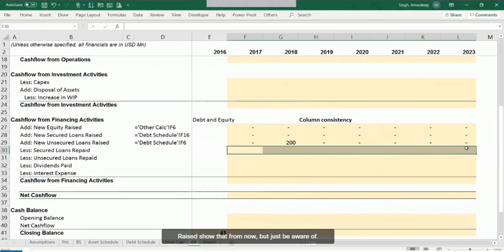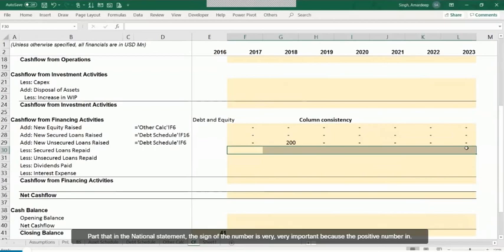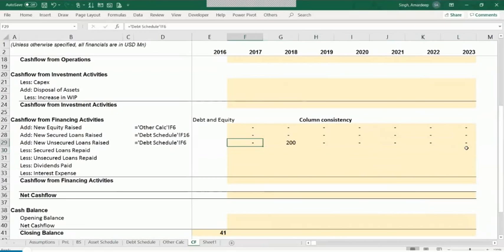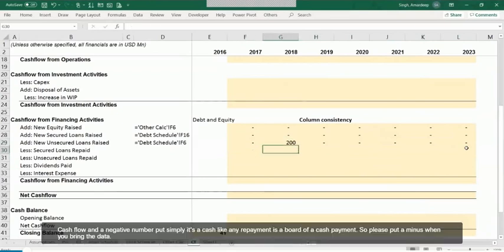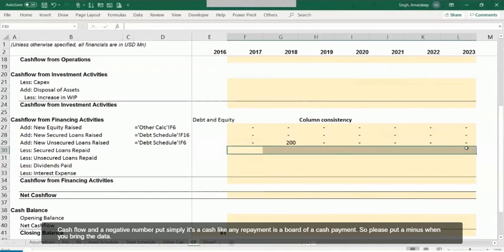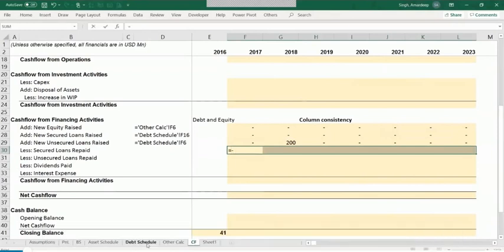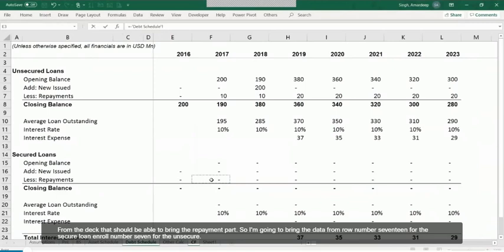But be aware of an additional part: in the cash flow statement, the sign of the number is very, very important, because a positive number indicates a cash inflow, and a negative number indicates a cash outflow. Any repayment is a mode of cash payment. So please put a minus when you bring the repayment data from the debt schedule. I'm going to bring the data from row number 17 for the secured loan and row number 7 for the unsecured loan.